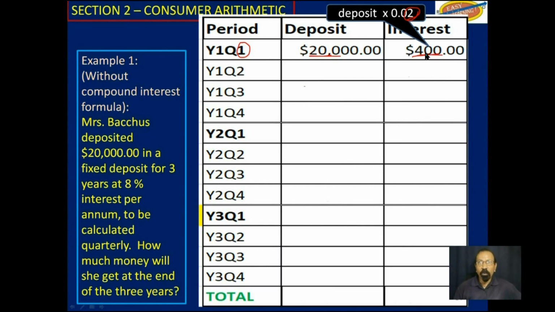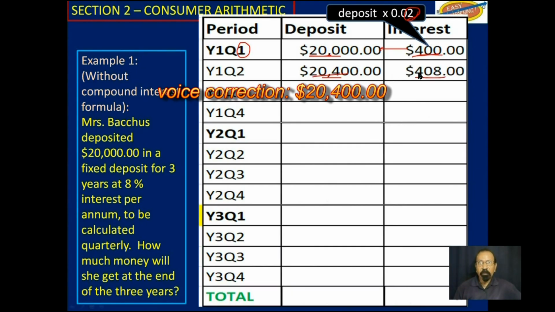Now for the second quarter, that interest will be added to this principal, and we begin with $20,400. We multiply that by 0.02 for the next quarter, and we get $408. That's the interest at the end of the second quarter in year one. That will be added to this, and we get the new principal down here for the third quarter.